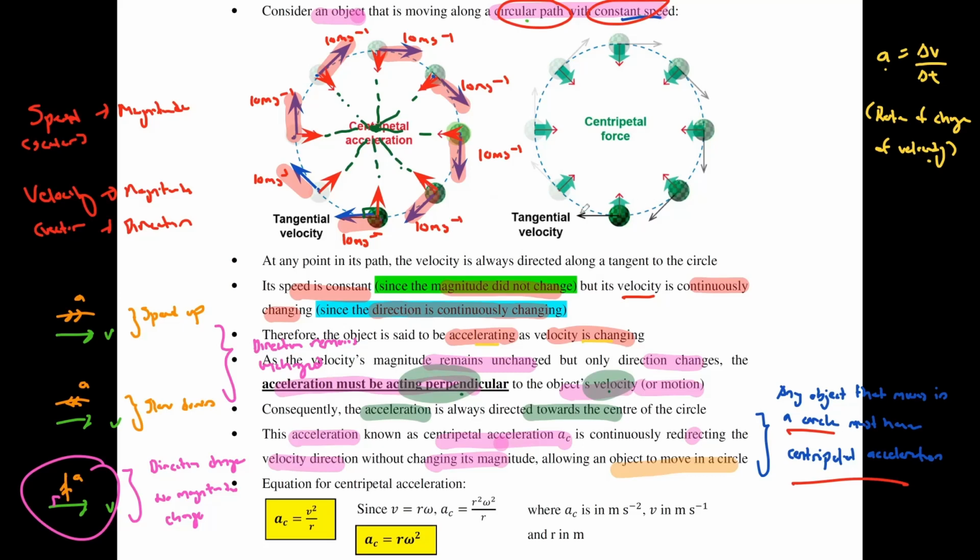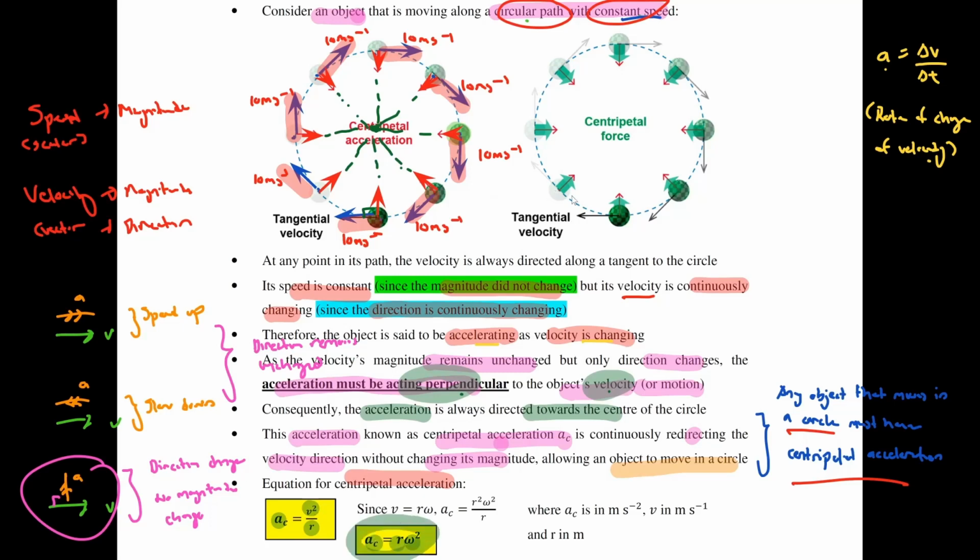Now, when it comes to calculating centripetal acceleration, there are two equations that you need to know. The first one is centripetal acceleration is your linear speed squared divided by the radius of your circle. The second one is centripetal acceleration is the radius of your circle multiplied by your angular velocity squared. Okay, so you need to know both of these equations. Now, how do you get the second equation?